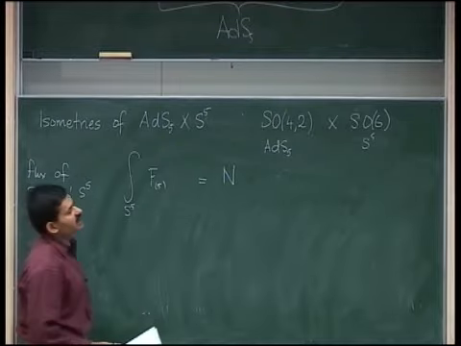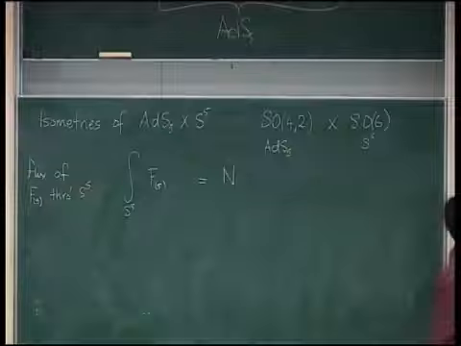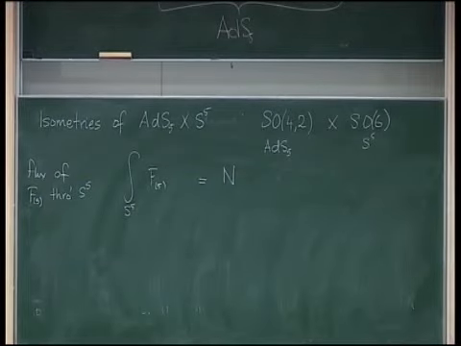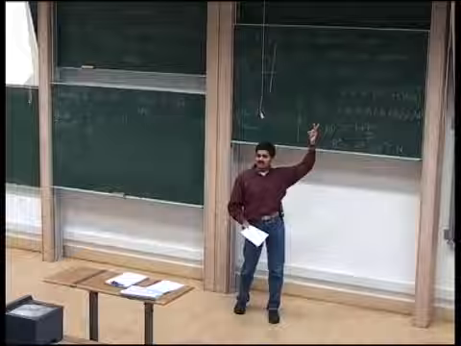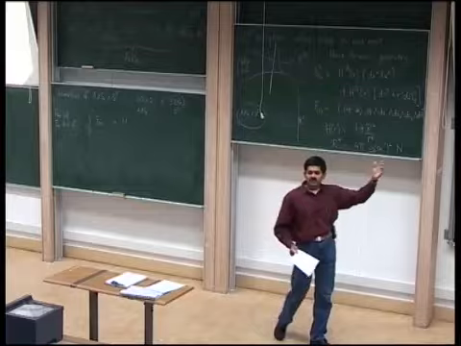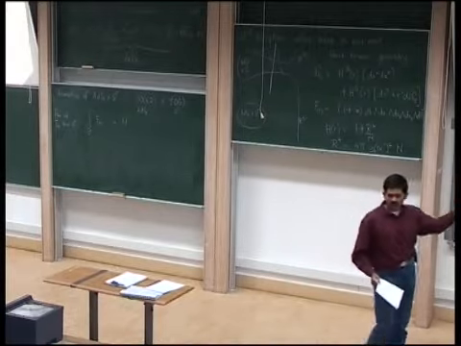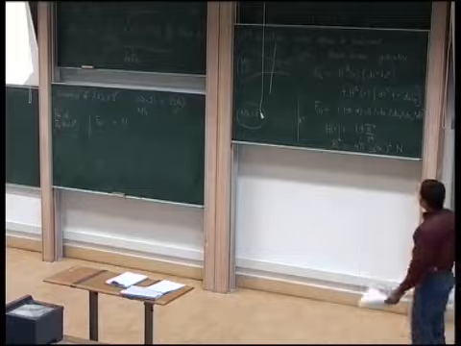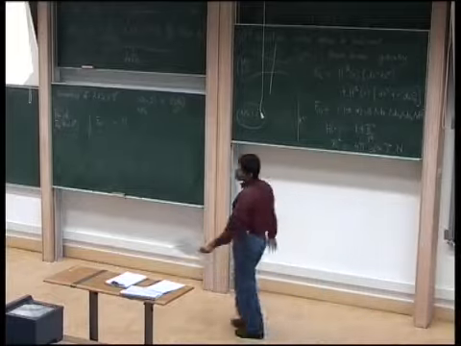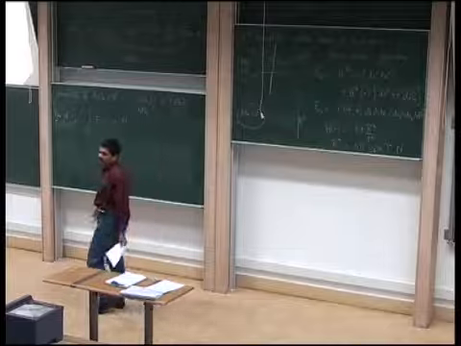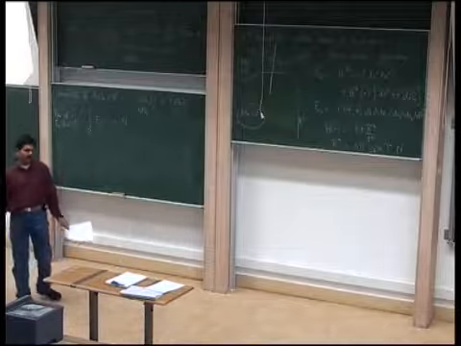I told you at the very beginning that only the metric and the five-form were turned on. There are two zero modes for scalars. The dilaton is arbitrary, you can fix it to any constant value, and the axionic field of type IIB is also a free parameter, you can also fix it to any value you like.